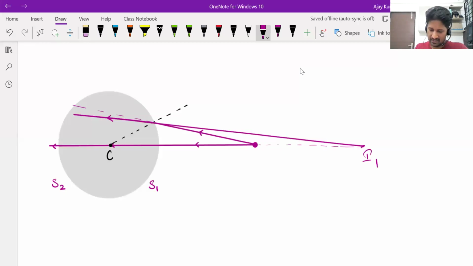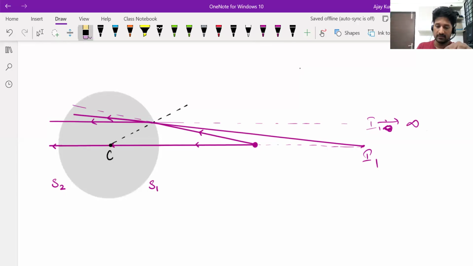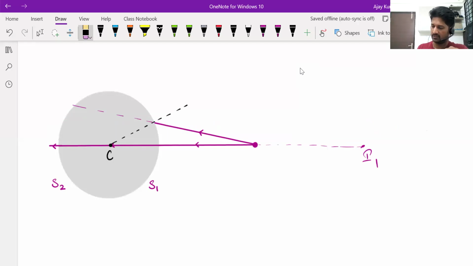If the light ray bends sufficiently enough upon refraction, it may even become parallel to the principal axis. Then for the second refraction, light will appear to be coming from infinity. That means this image forms at infinity. That possibility is there. There are other possibilities also. This case is quite complicated actually. I mean, the possibilities are quite complicated.